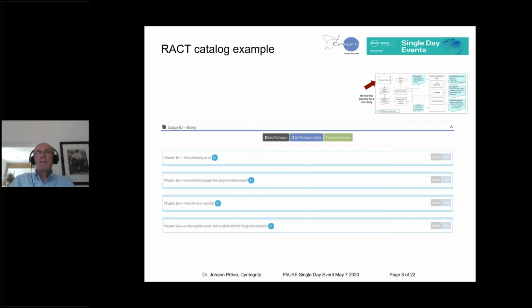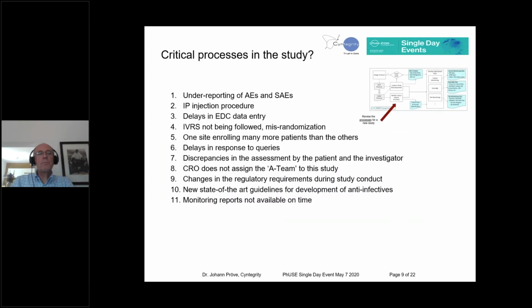And these are not risks that are necessarily based on data. They are risks that are based on processes, on sloppiness within the sponsor company, and not necessarily on the study sites. So this is important to keep in mind, that this risk catalog is really very, very helpful.